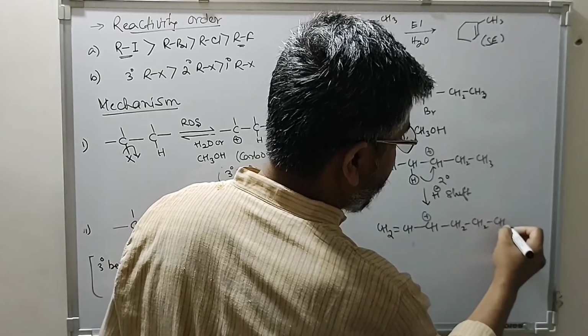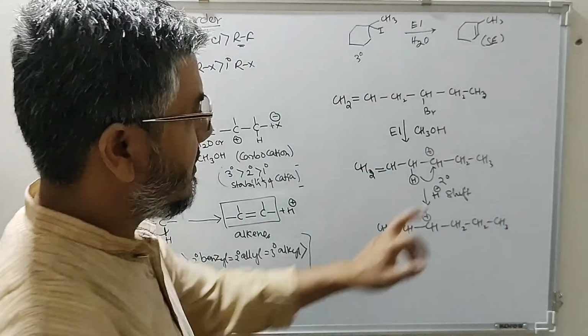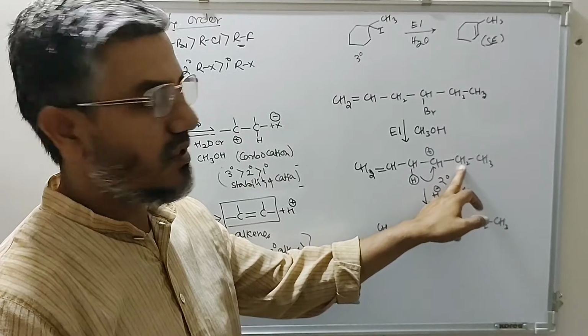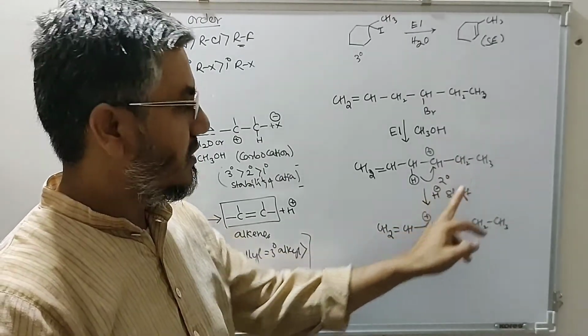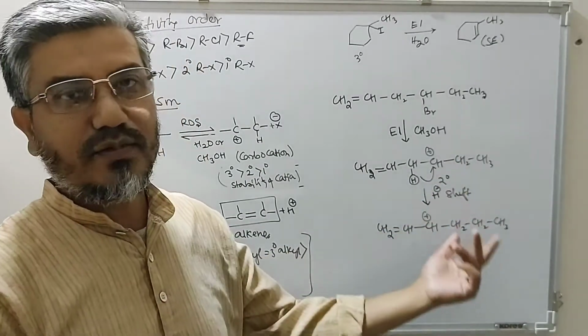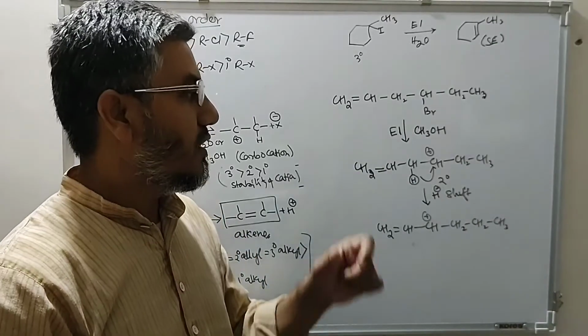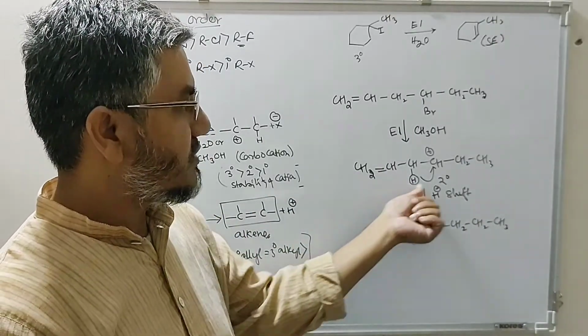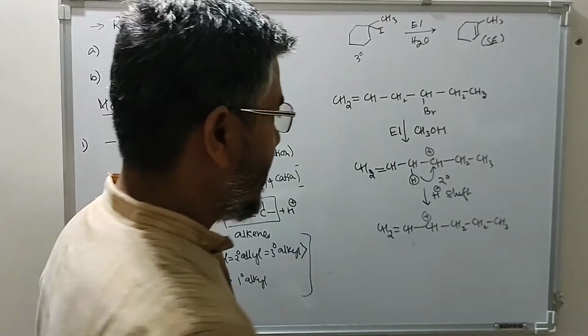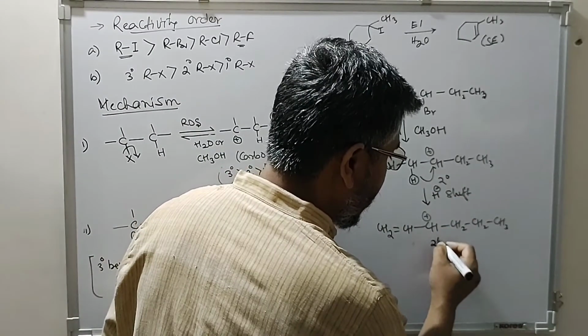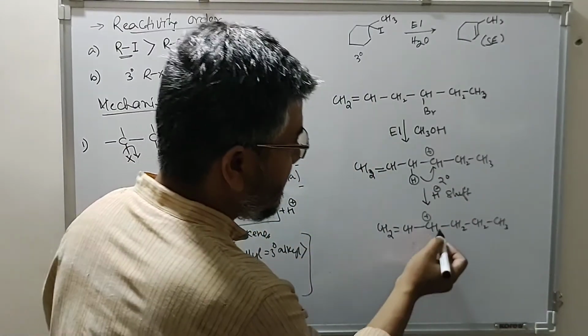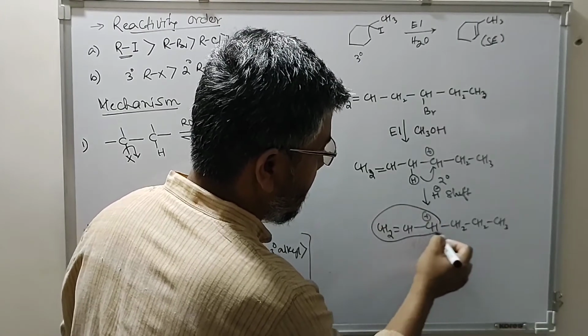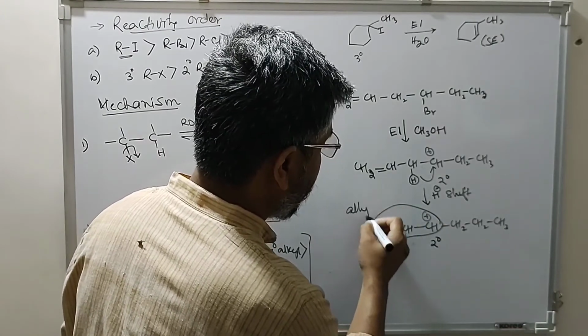Now you can ask that it could shift from here also, but if I shift from here, then this type of resonance stabilized cation will not be formed. So only one option is left, that this has to undergo migration. Even after migration, we are getting secondary, but this is allyl.